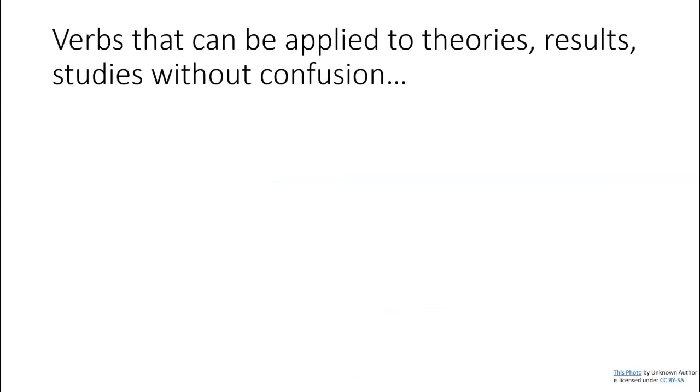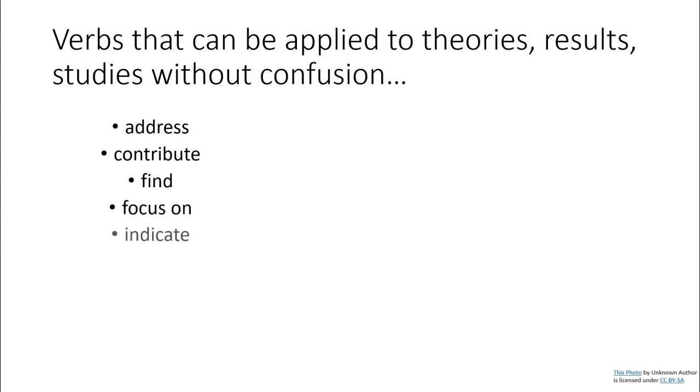There are some verbs that are acceptable and can be applied to theories, results, studies, or data without confusion. These are APA pre-approved verbs that work in this context. In fact, in the last APA publication manual, they decided that these are acceptable.